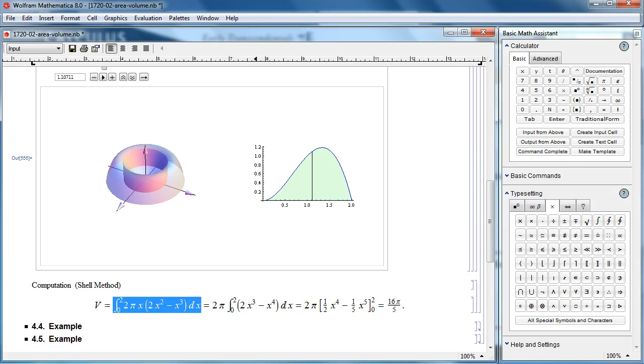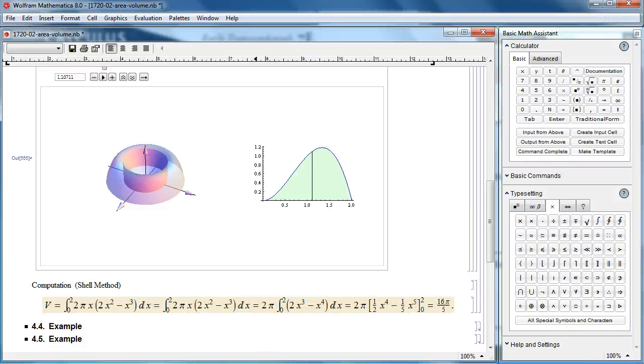As a matter of fact, let me insert one more. Oops, I shouldn't have done that. So from a to b, 2 pi x f of x dx was the formula given in our textbook, wasn't it?